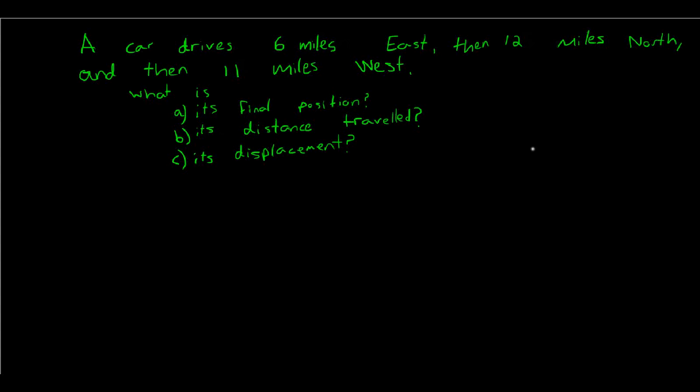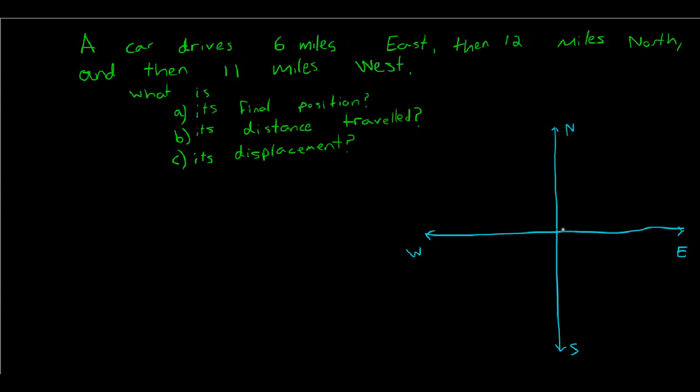Well, I'd say to start figuring out this problem, let's make a graph so we can plot where the car is as it's traveling. And we'll call this east, this west, this north, and this south, just like a standard compass.